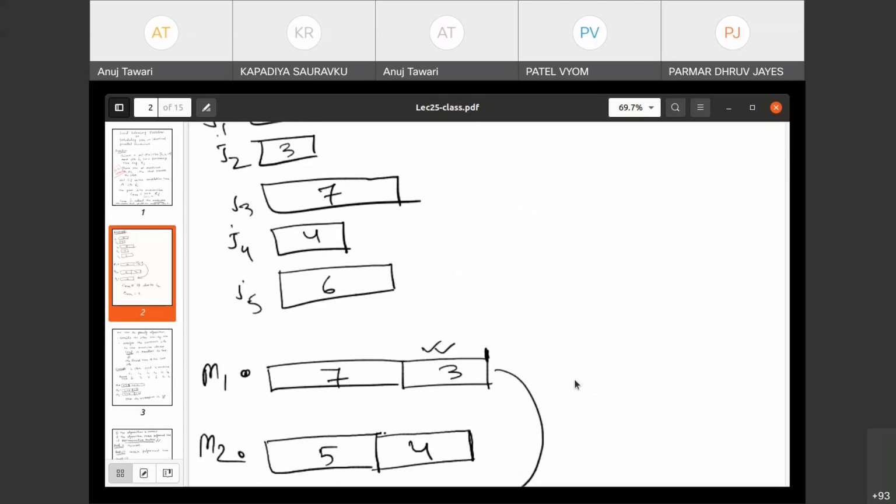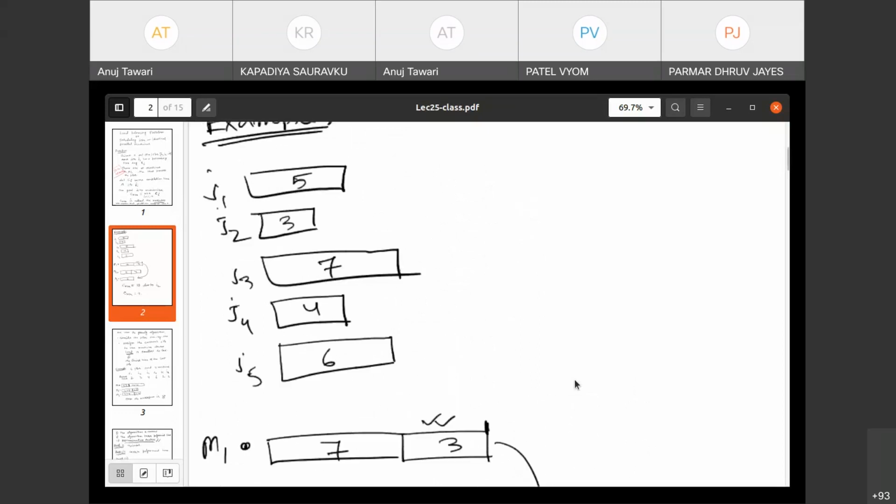Right. So there are some stupid algorithms like you process all the jobs on M1 and M2 and M3 are remaining empty. Or you process all the jobs on M2 and M1 and M3 are remaining empty. So here we are not using the power that we have, that we can run 3 machines in parallel.